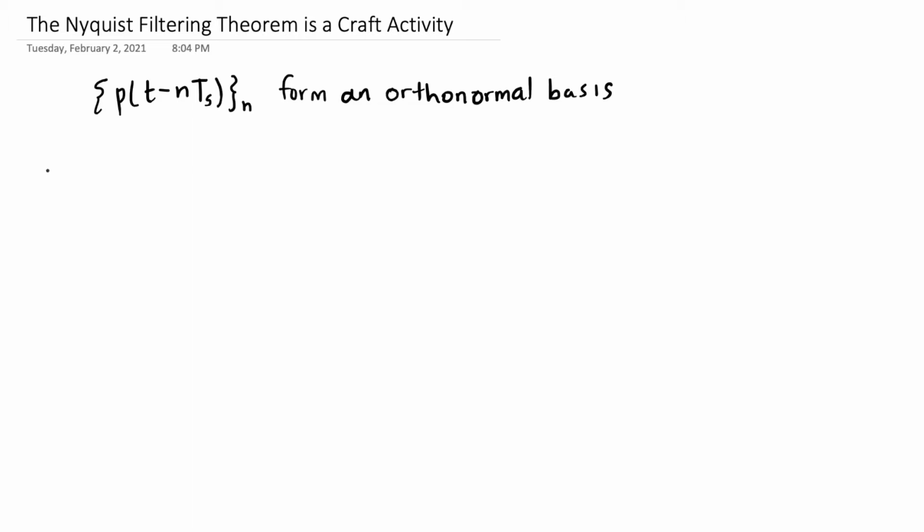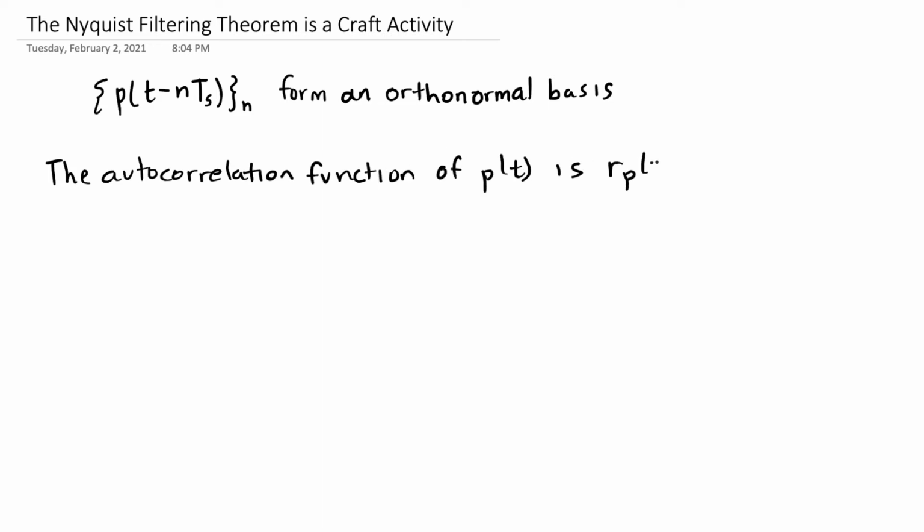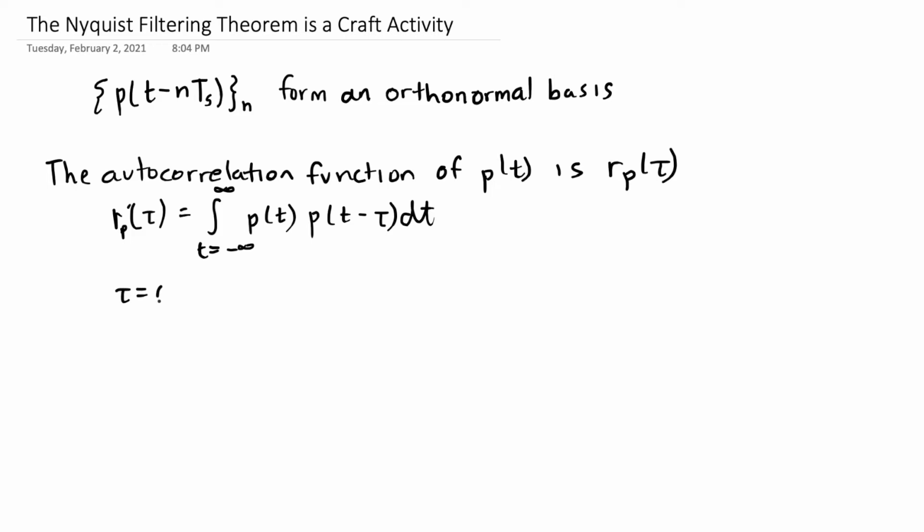To figure this out, we're going to define the autocorrelation function Rp of tau of the pulse shape p of t. Recall that when I have tau equal to 0, this is the energy, and that energy should be 1.